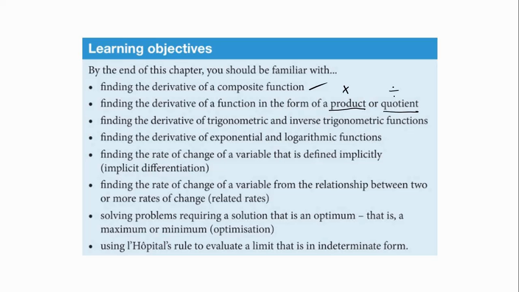Finding the derivative of trigonometric and inverse trigonometric functions, finding the derivative of exponential and logarithmic functions, finding the rate of change of a variable that is defined implicitly, or what's called implicit differentiation, finding the rate of change of a variable from the relationship between two or more rates of change.